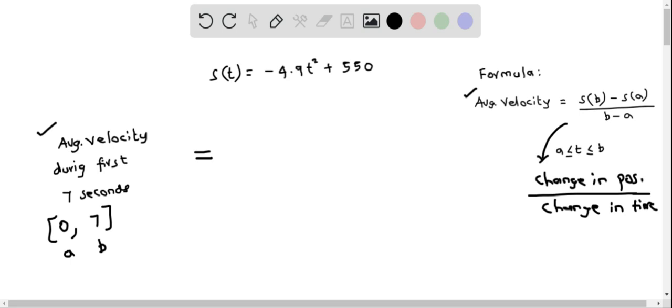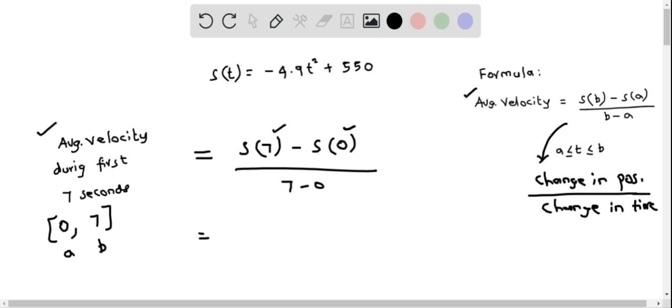When we use this formula, we put S of B, which is S of 7, minus S of A, that is S of 0, over B minus A, that is 7 minus 0. Now we can calculate this S of 7 and S of 0 by replacing the t in S of t by 7 and 0. So first let's determine S of 7.